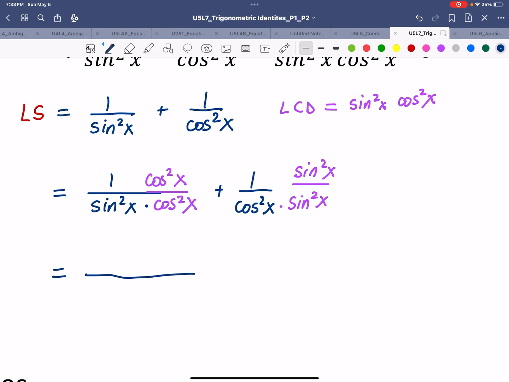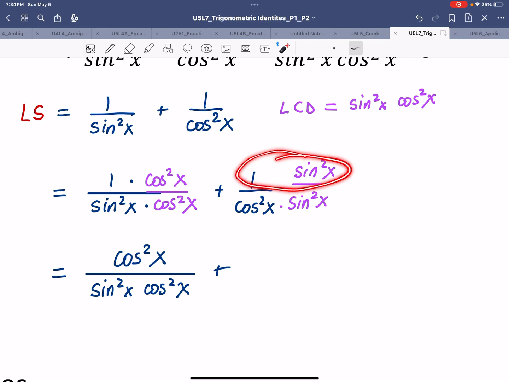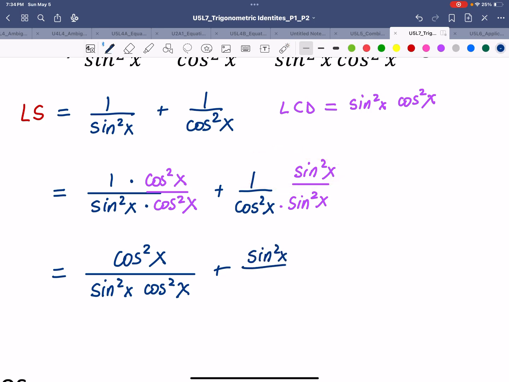So the first fraction will have 1 multiplied by cosine squared. That's simply cosine squared. The denominator is sine squared multiplied by cos squared. The other fraction has 1 times sine squared, so that is sine squared x. The denominator is again cos squared sine squared, sine squared cos squared, same thing. So we're going to write them in the same order so that we can see the resemblance.